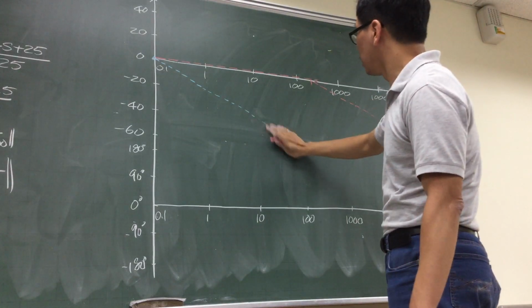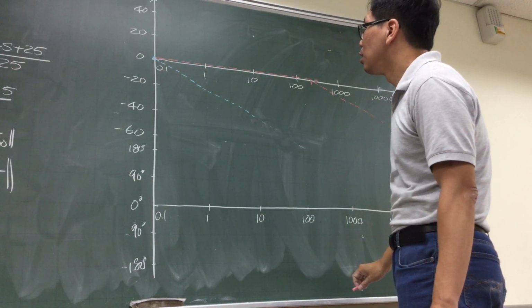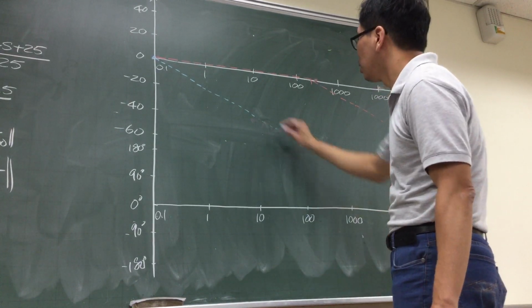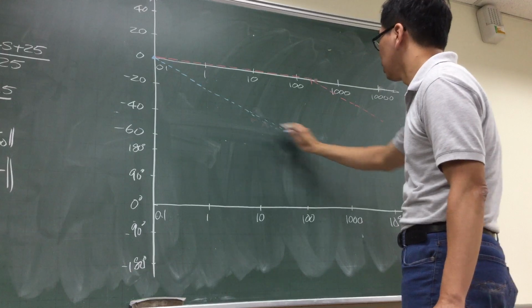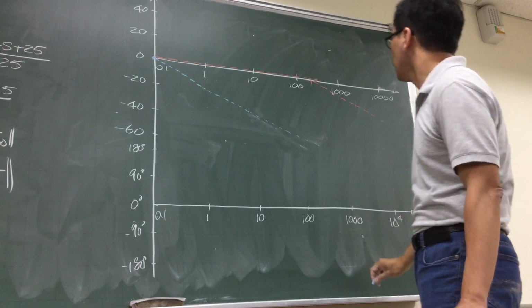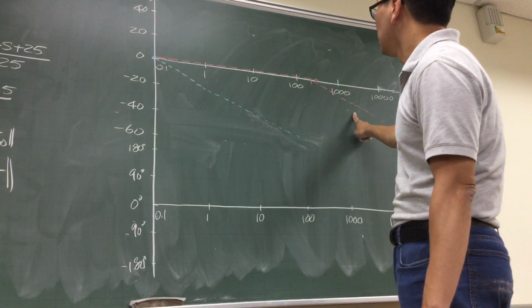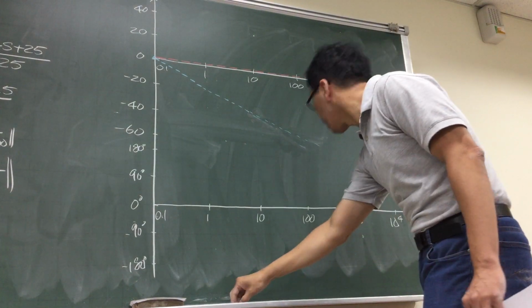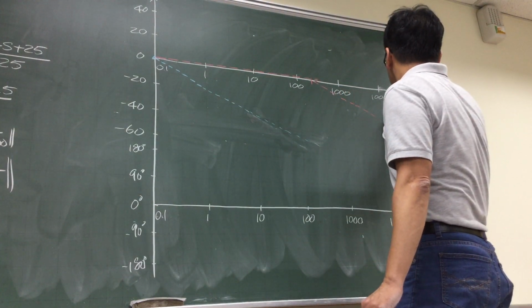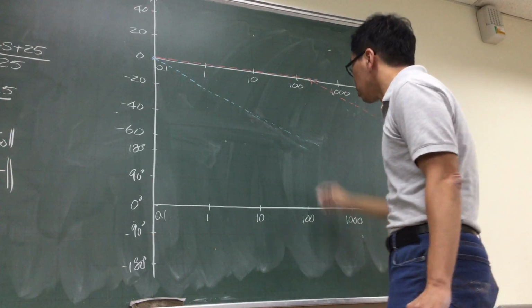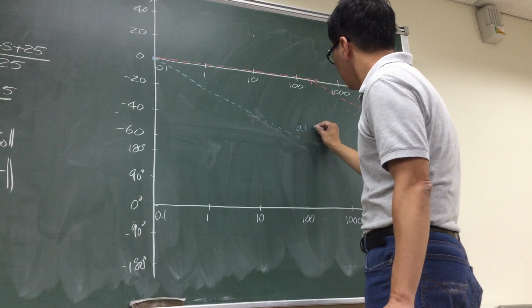This is too steep. Okay, so this is my 200 over s plus 200. This is 1 over s.